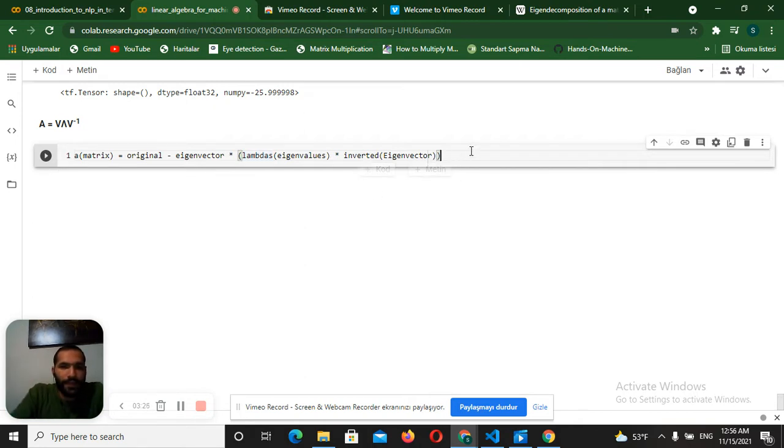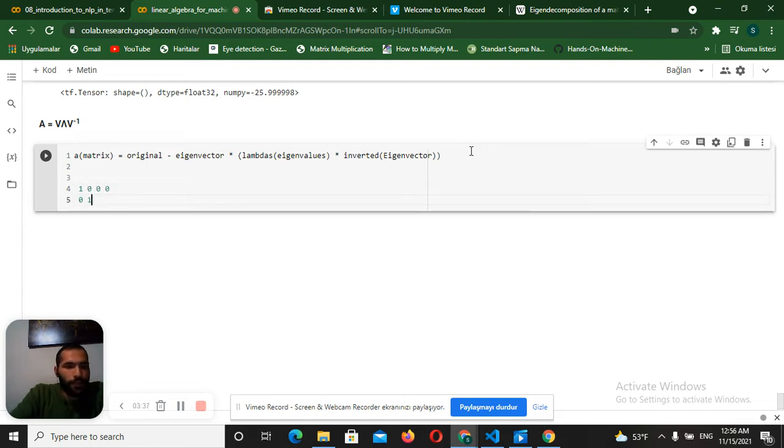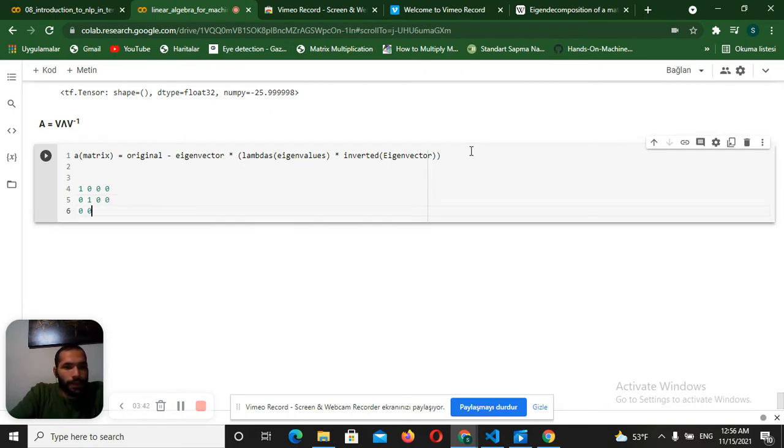You know, a diagonal matrix looks like this: 1 0 0 0, 0 1 0 0, 0 0 1 0. It's like an identity matrix or a symmetric matrix, so it's symmetric. You can think like that. And when we multiply our A matrix, A can be like 1 2, just think for one minute, I will show you here.